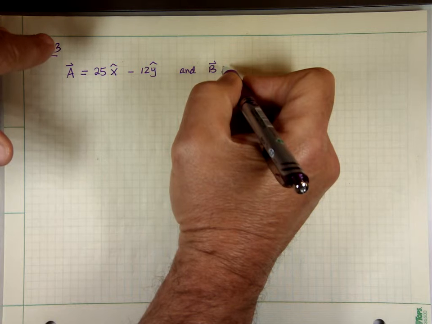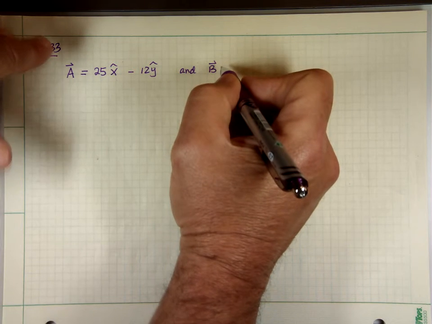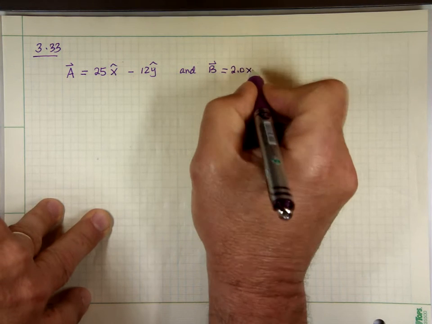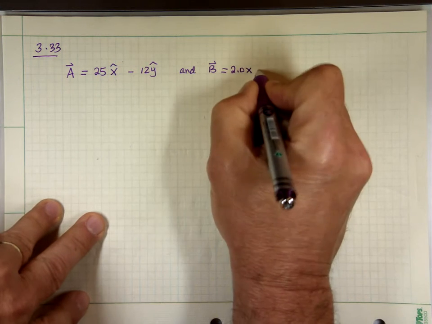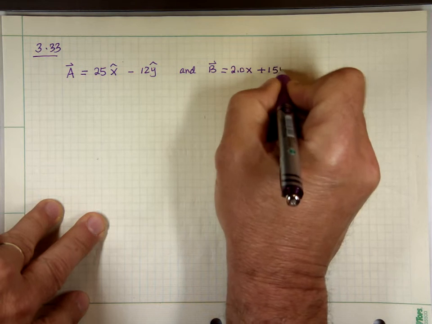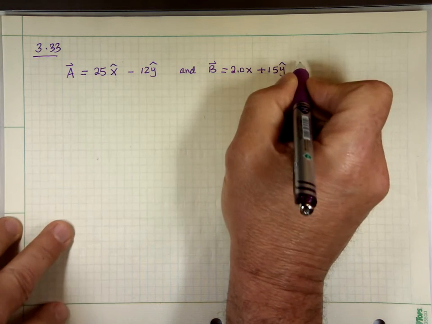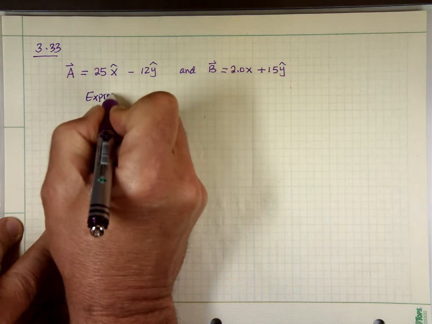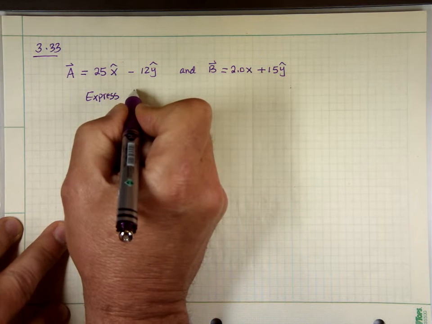I think it's 2. 2 in the x direction and 15 in the y direction. And the first question, express A minus B.